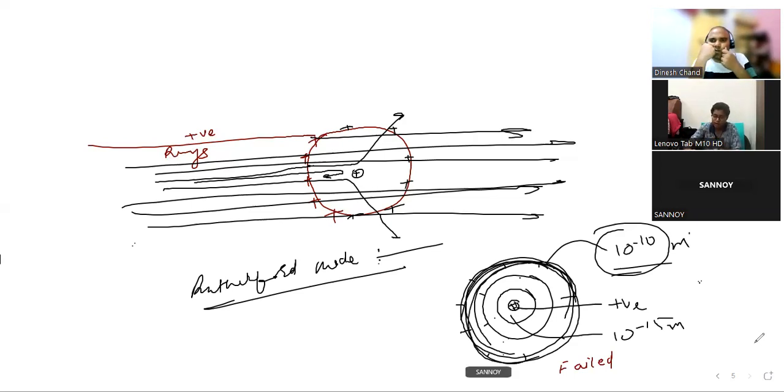So there would be continuous energy loss, and the electron would go spiraling straight into the nucleus. But that is not what actually happens, because if that happened, the atom should not exist. So this is the failure of this model. You know everything very well.